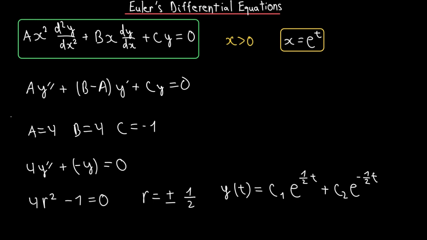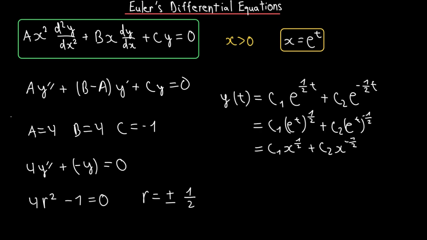And so the way we do that is by noting that x is e to the t. And we can rewrite this equation as c1 (e to the t) to the power of a half plus c2 (e to the t) to the power of minus 1/2, which is just equal to c1 x to the power of a half plus c2 x to the power of minus 1/2.